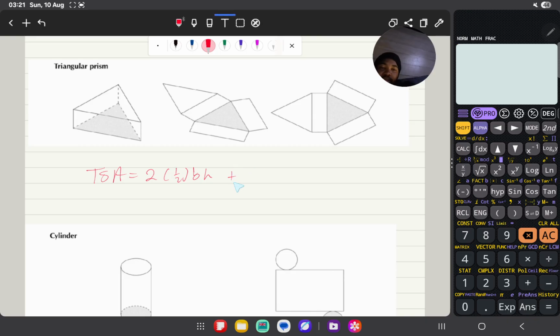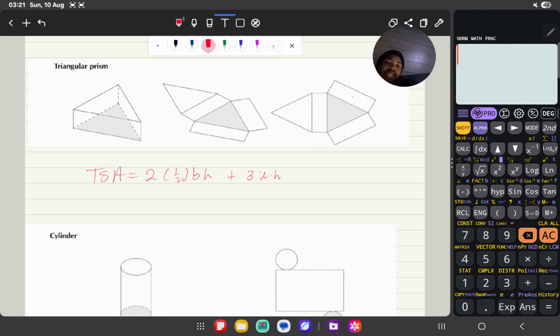Plus, you see, this is the height, this is the height, this is the height, né? So then let's just say 3 times length and height. Length times height. Yeah, because these are identical, right? 1, 2, 3, they are identical.